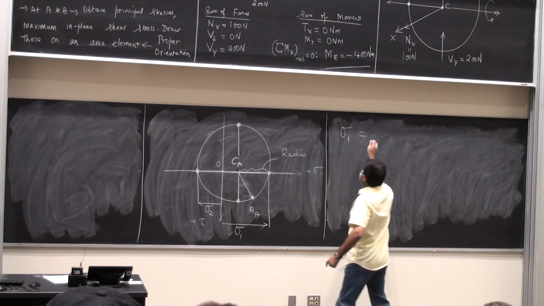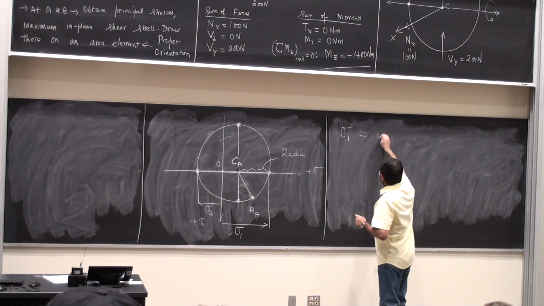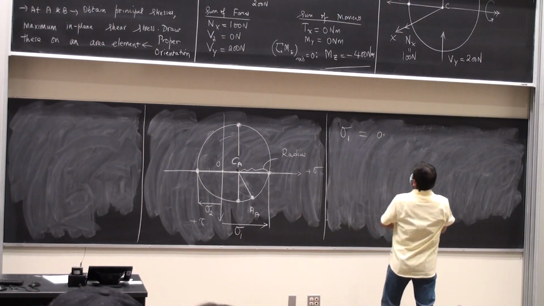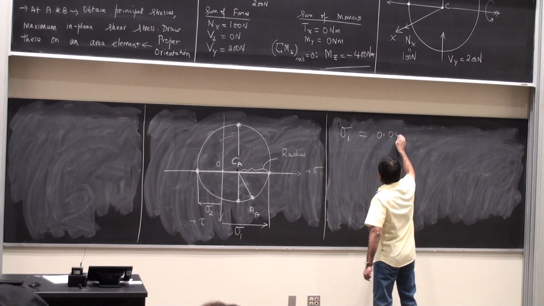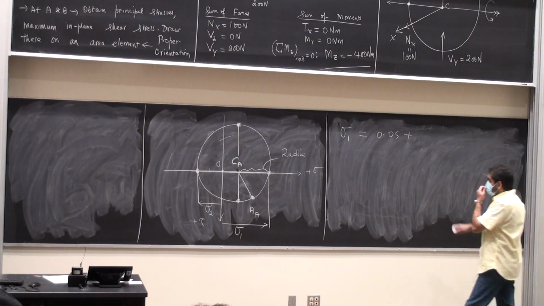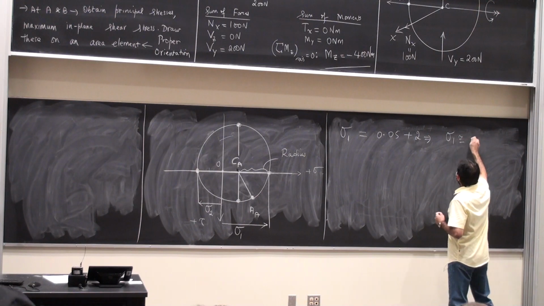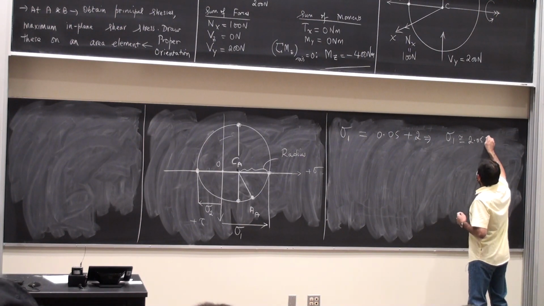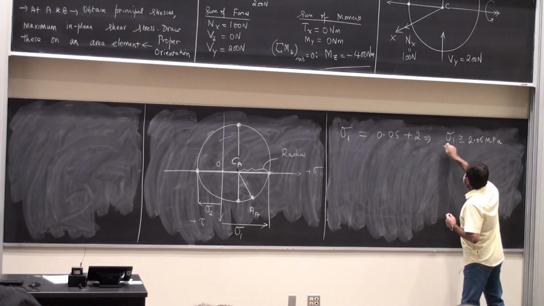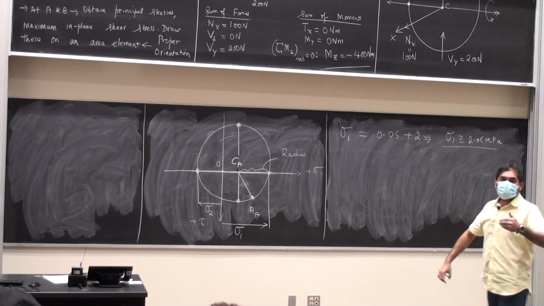Sigma 1 is going to be the distance where the center is, which is CA, so that's 0.05 megapascals, plus the radius, which was approximately 2. So sigma 1 is approximately 2.05 megapascals. This is positive. Does this make sense to everybody?